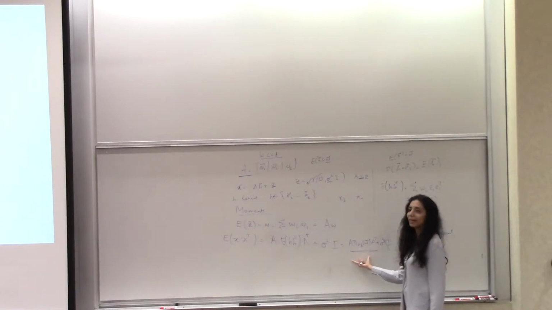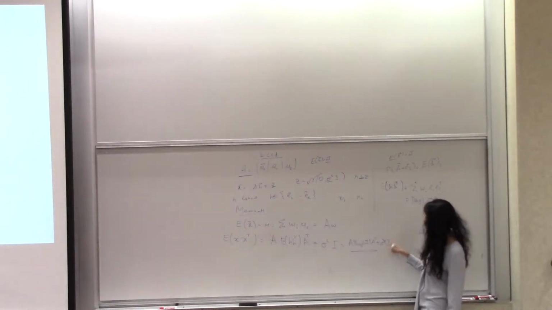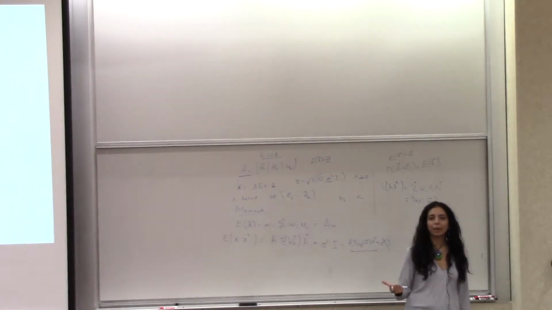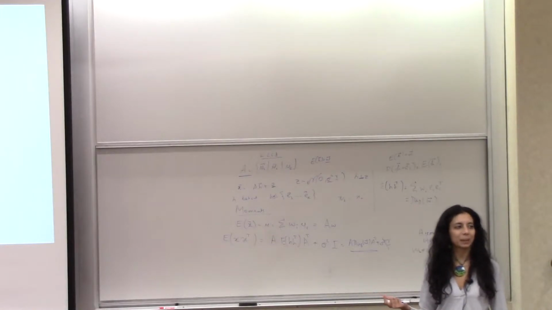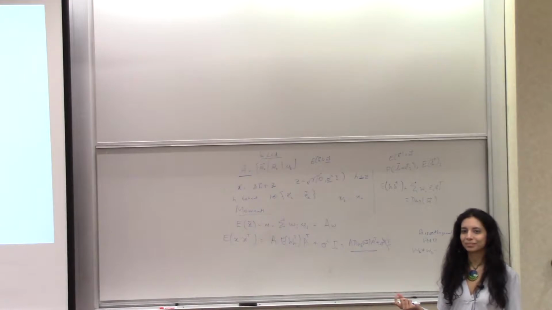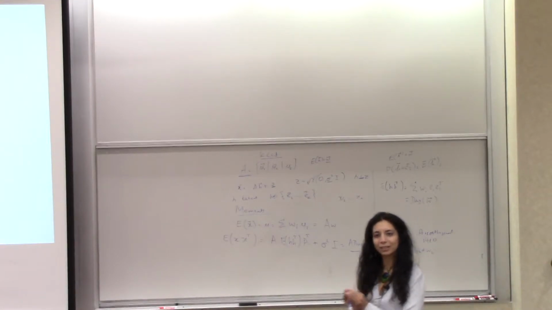So now if I have this second order moment with the sigma square cancelled, what can I learn about A? What information do I learn about A? If I only have moments up to second order, what can I learn about this matrix A?